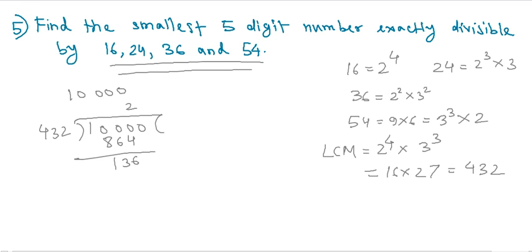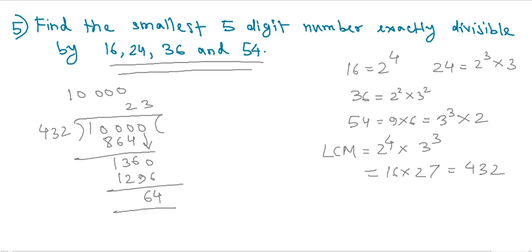So remainder is 136, and we will bring down this 0, and again multiplied by 3, we have 1296. So remainder is 64.